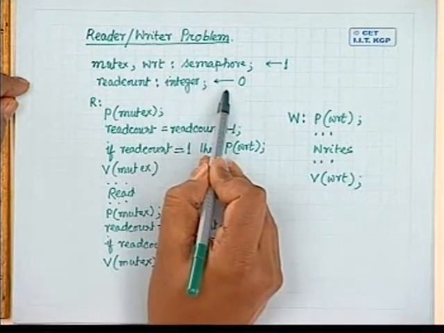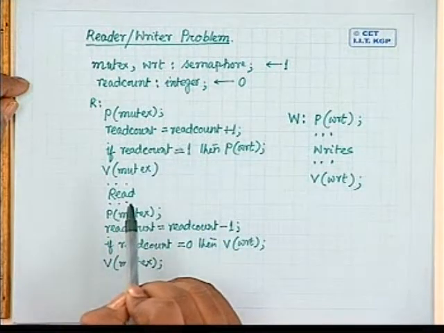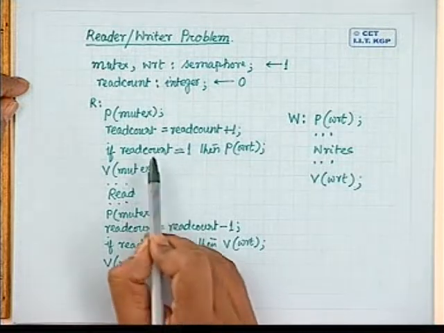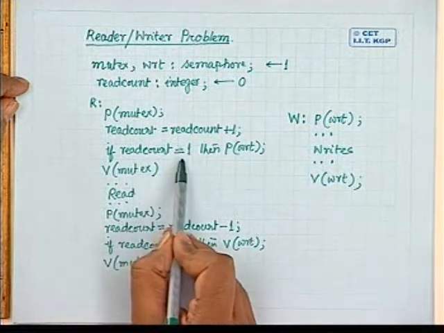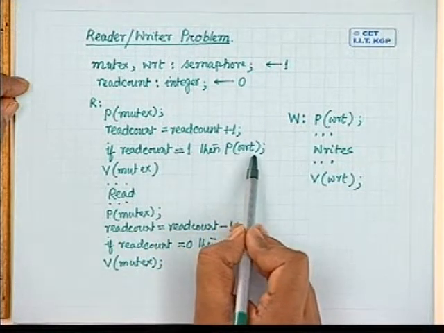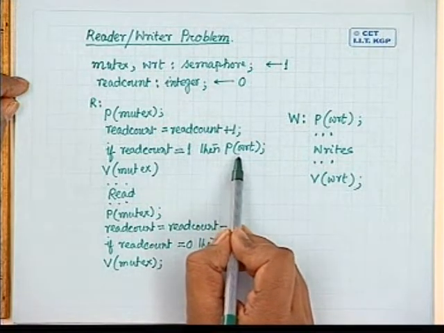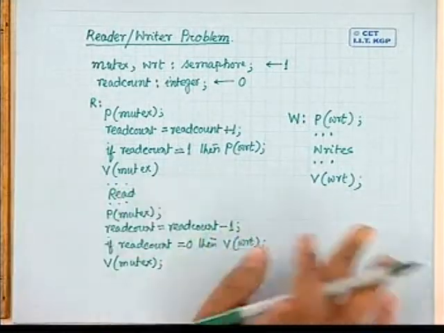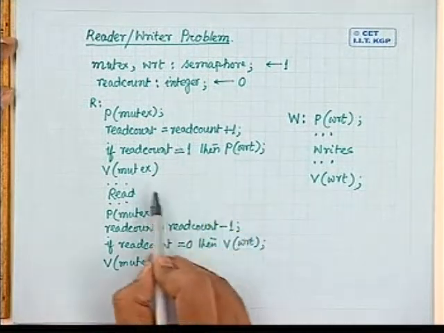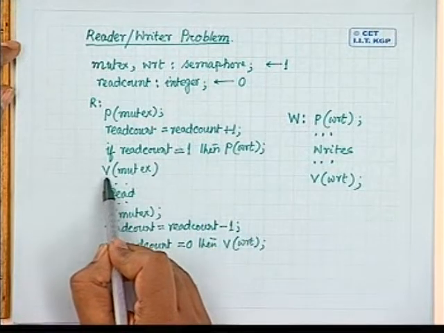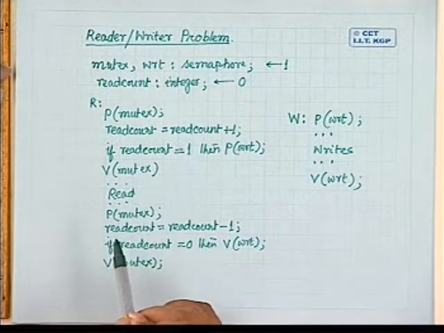Our initial value of read count was 0, so after incrementing, read count becomes equal to 1. So, this process now finds that read count is equal to 1, so it will perform this p write semaphore operation. Okay. P write will also be successful because initially there is no other process trying to access this file. So, the reader process will perform v mutex operation and start reading the content of the file.